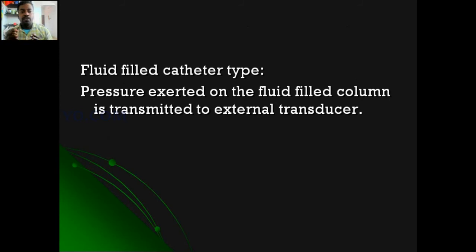The pressure exerted on the fluid filled column is transmitted to an external transducer. When we insert the fluid filled catheter in our vein, the fluid faces some pressure, and that pressure is converted into electrical energy by the external transducer. These two types of probe are used to measure blood pressure.